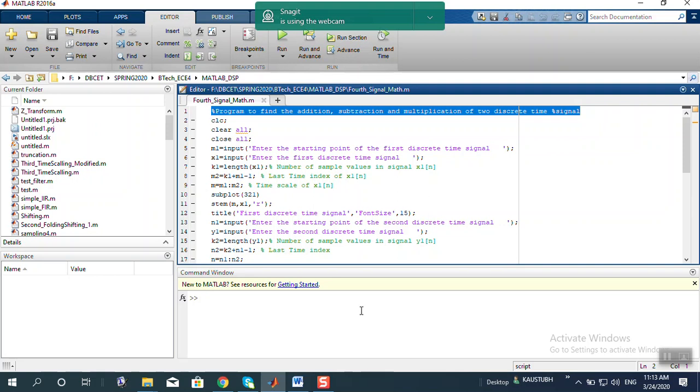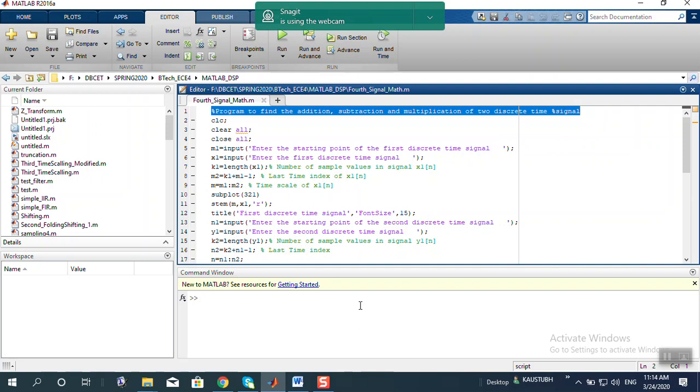That means for signal x1, the signal value at -1 will be added, multiplied or subtracted from or to the signal value of x2 at -1 only. Therefore addition, subtraction and multiplication are always done by the corresponding sample values only. So we have to take care of this.